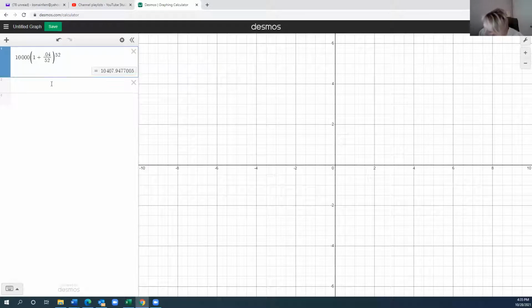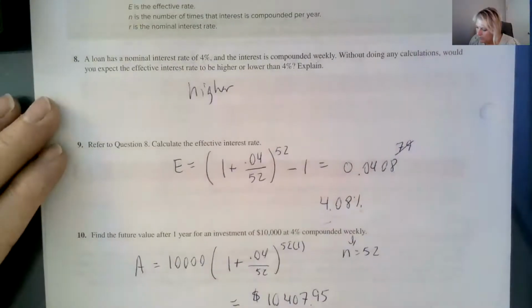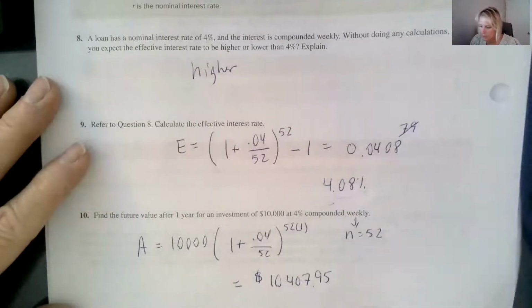So after 1 year, we would have $10,407.95. I'll take that. So 10,407.95 here at the bottom.